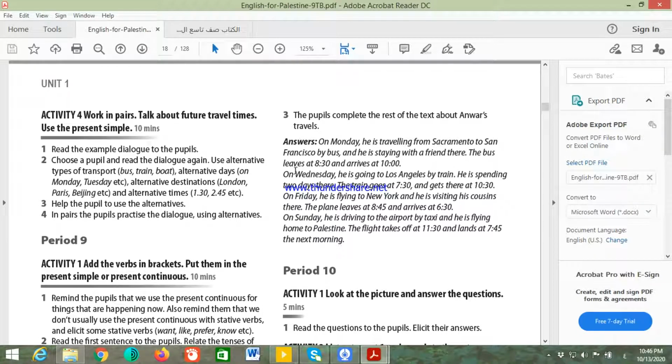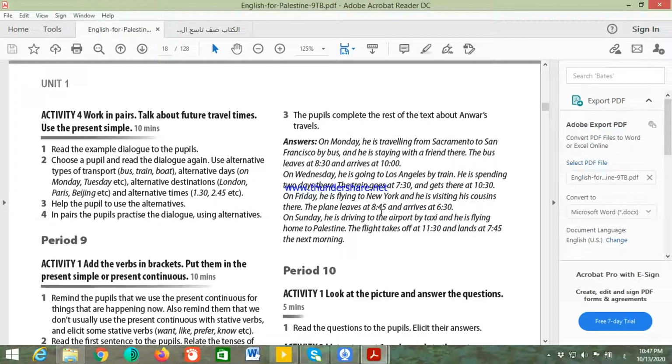The bus leaves at 8:30 and arrives at 10 o'clock. On Wednesday, he is going to Los Angeles by train. He is spending 2 days there. The train goes at 7:30 and gets there at 10:30. On Friday, he is flying to New York and he is visiting his cousins there.